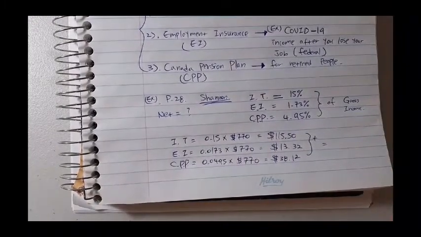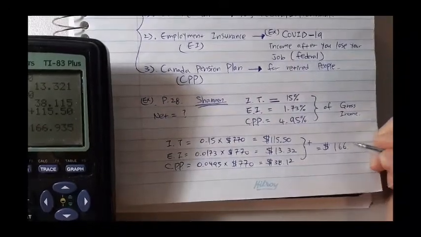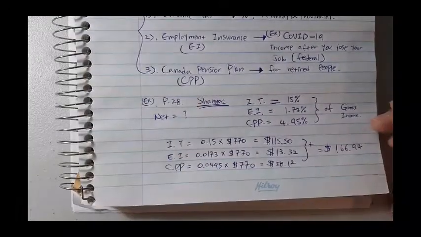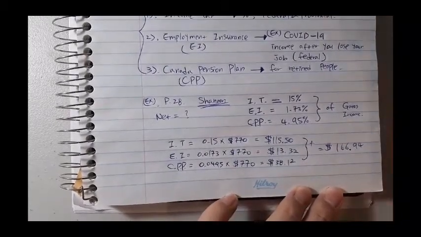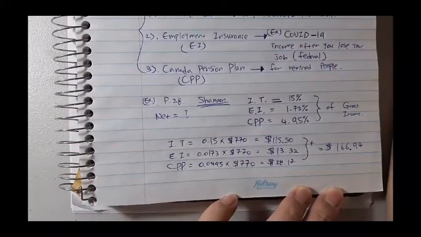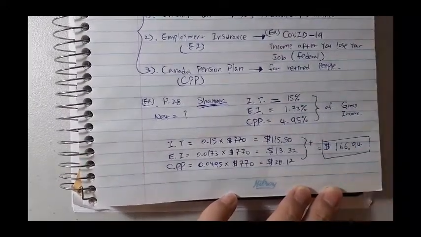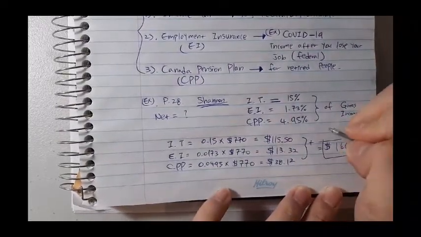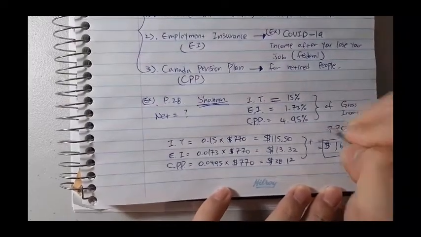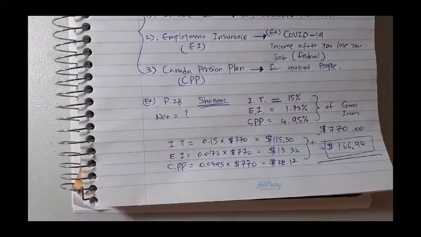If I add every single thing, you will have 166.94, which is basically what you need to pay as deductions. So for Shannon's net income in this case, you need to subtract the deductions from your gross income.